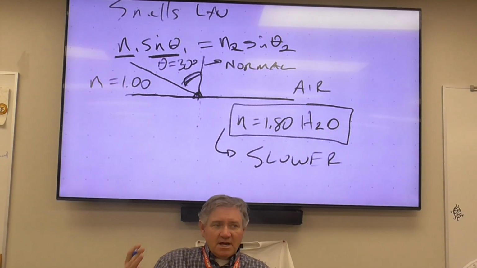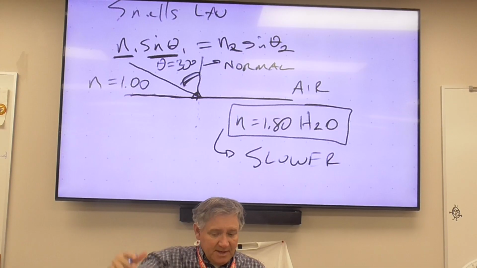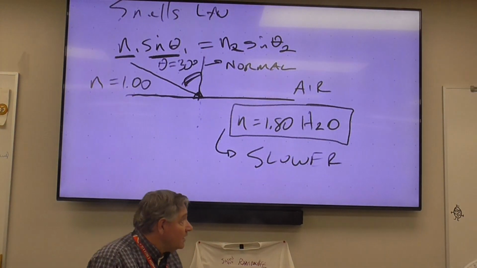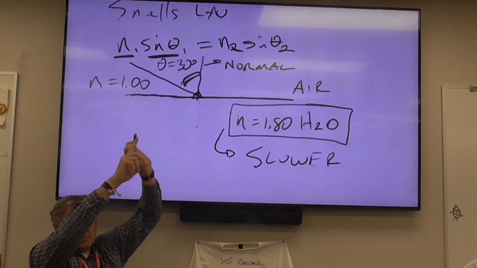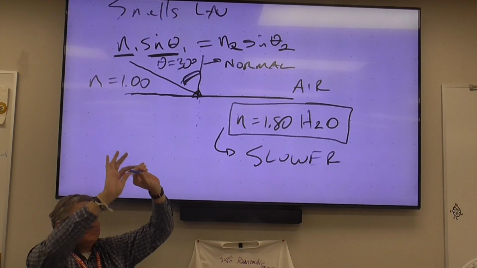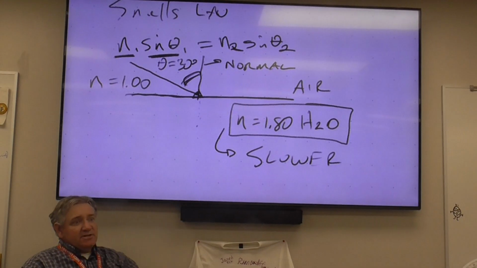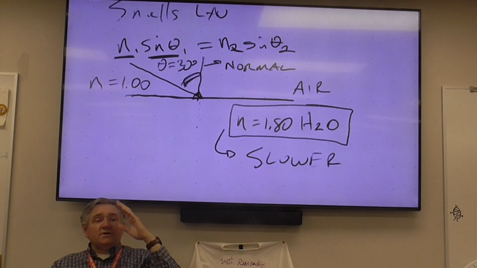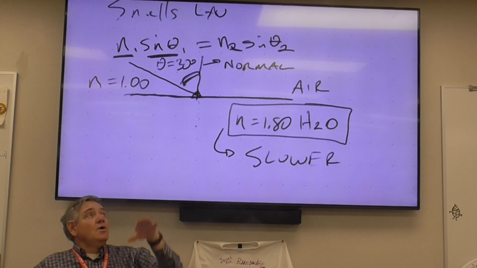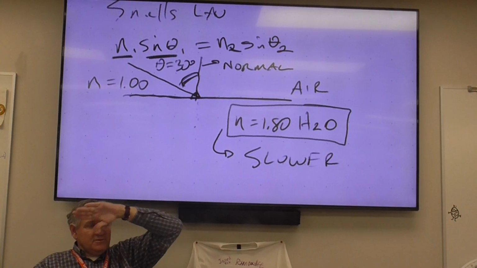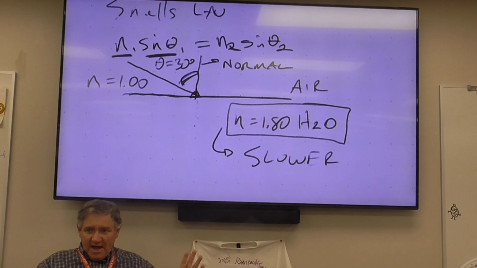I kind of gave you this example before, but now we'll expand on it a little bit. Imagine this is your car axle with a set of tires. The bigger that index of refraction is, the more difficult it is for your car tires to travel through it. 1 is absolutely your best case scenario. That's dry pavement, when you can go the fastest.